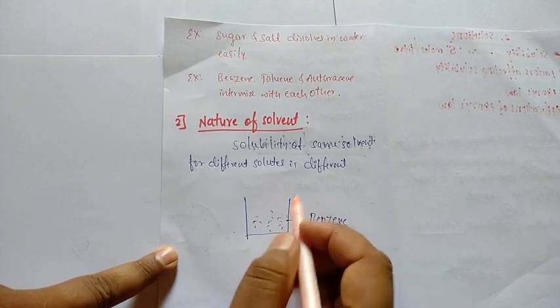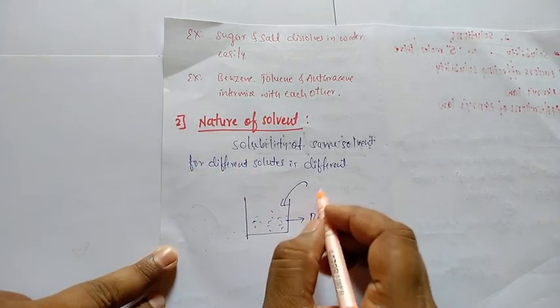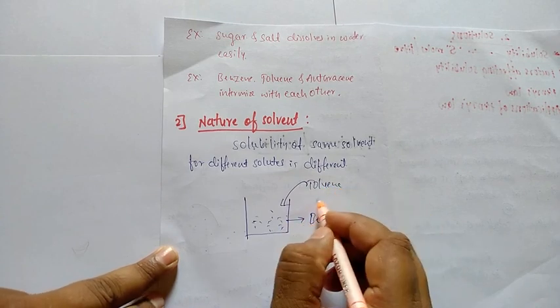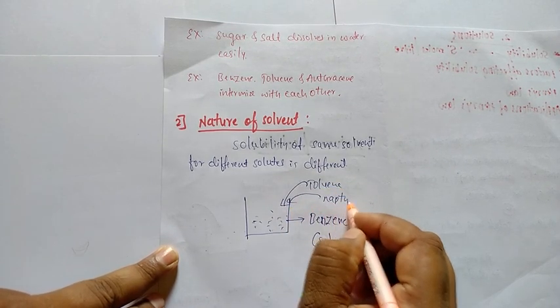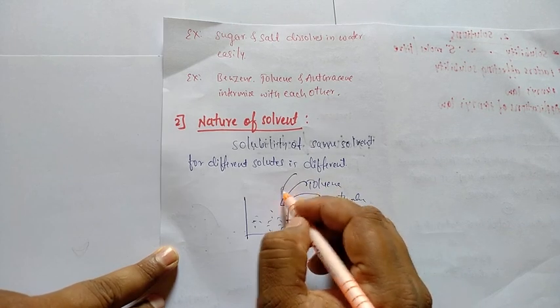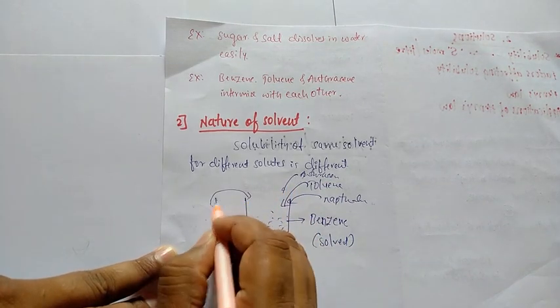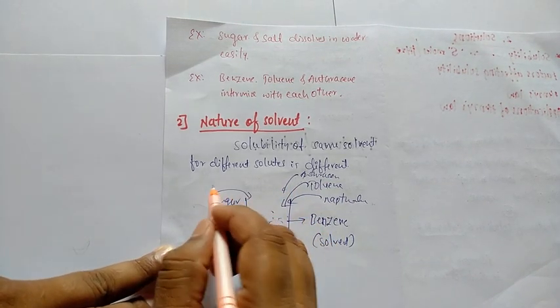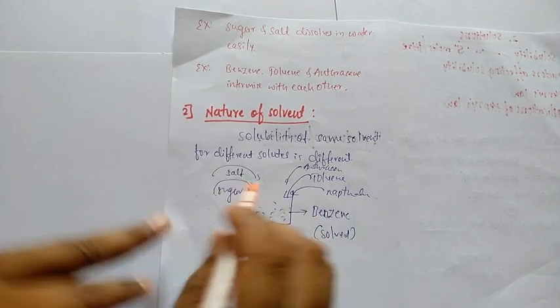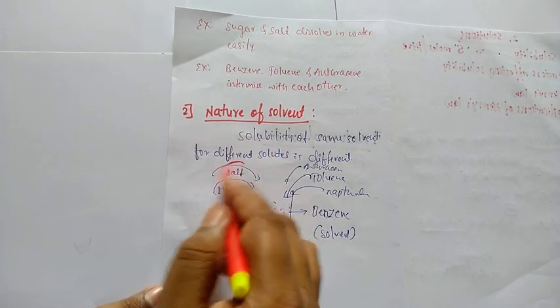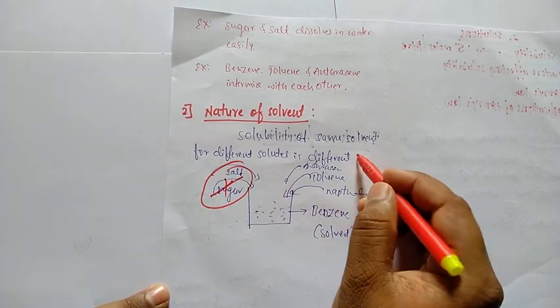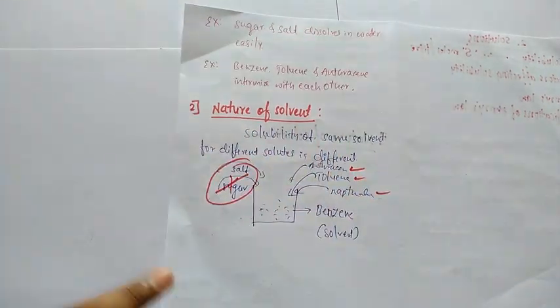In this benzene, toluene is easily soluble, naphthalene is also easily soluble, and anthracene is also easily soluble, but sugar does not dissolve in this solvent, and salt also does not dissolve in benzene. So anthracene, toluene and naphthalene are easily soluble in benzene, but salt and sugar do not dissolve in benzene. Okay, and the next one is temperature.